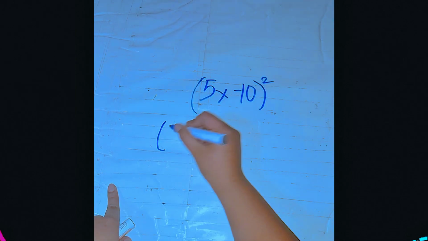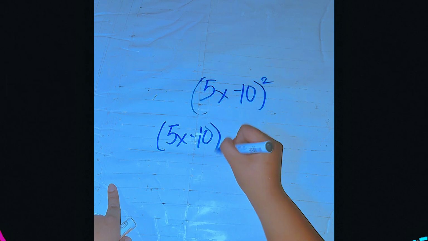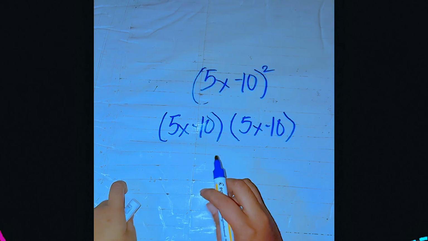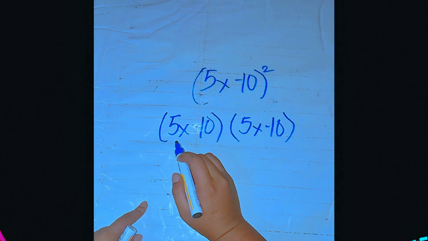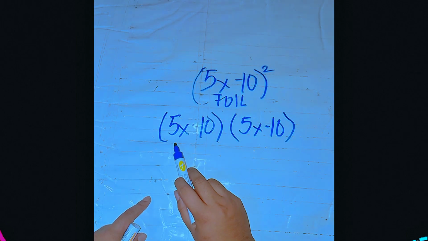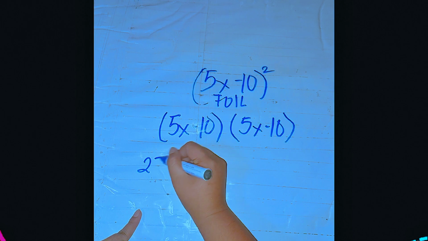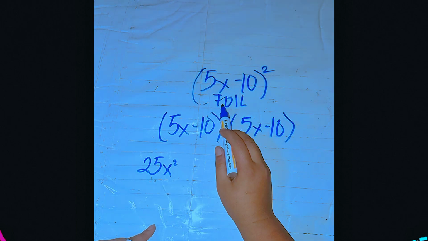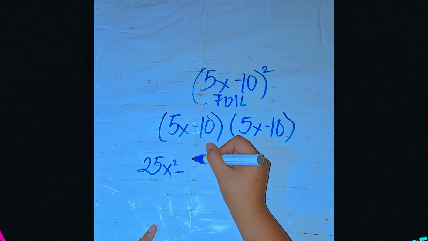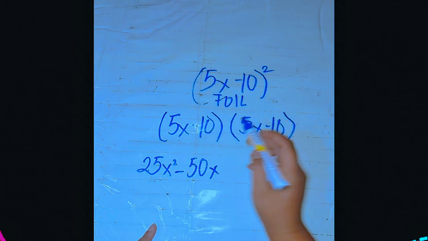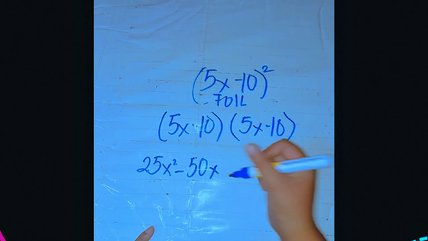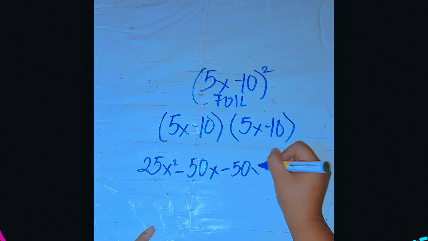So we'll have 5x minus 10 and 5x minus 10. And we'll just do what we did last time. We'll use FOIL method. The first term, 5x times 5x is equal to 25x squared. Then the outer terms, 5x times negative 10 is equal to negative 50x. The inner terms, negative 10 times 5x is equal to negative 50x.